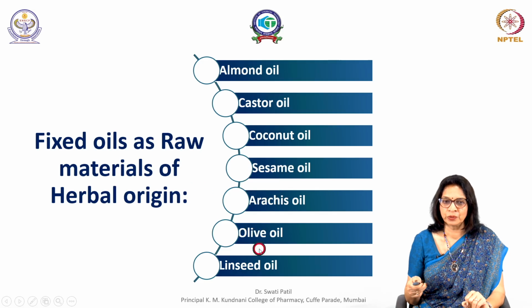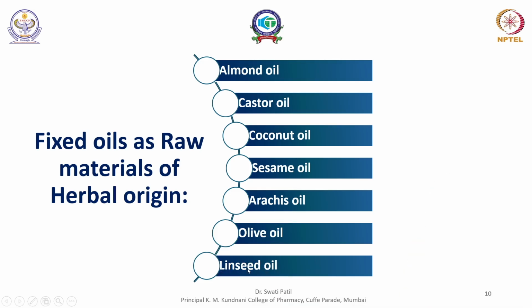We have been using almond oil for hair, castor oil in combination with almond oil again for hair and skin. Coconut oil is an age old therapy used in India since olden times. Sesame, arachis, olive oil these days are gaining a lot of importance in the cosmetic industry and in the nutraceutical industry, and linseed oil.